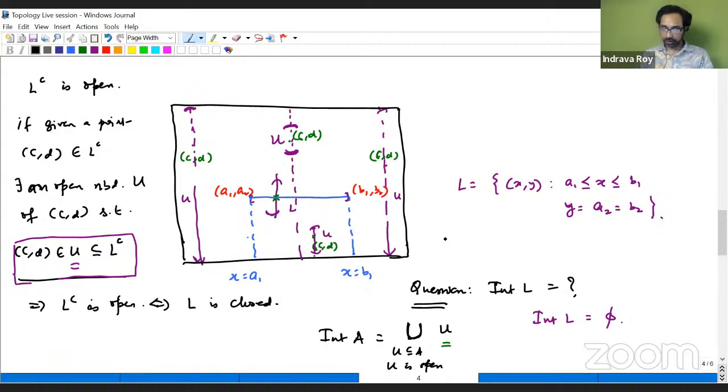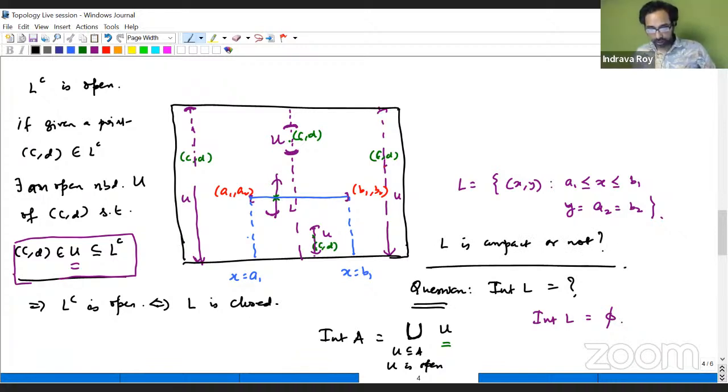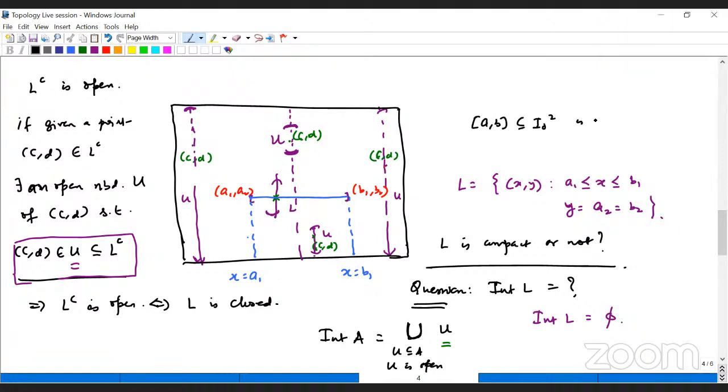So whether L is compact or not. What do you think? Of course, if you have a set which is of the form [A, B] in I0 square, this is compact, right?